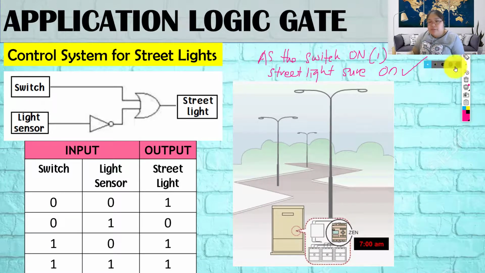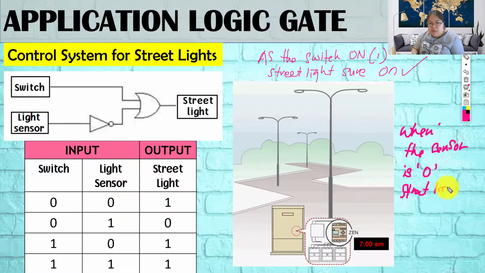When the switch is just on, the street light will be on. Another situation is when the light sensor is 0. I don't know what situation 0 is, but then your street light is also on.